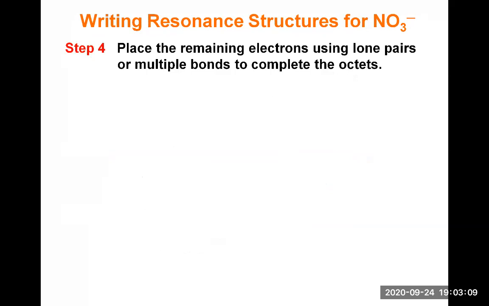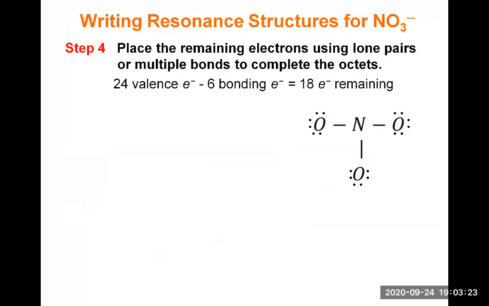So the fourth step is to place those remaining electrons using lone pairs or multiple bonds to complete the octets. And so we calculated that we started with 24 electrons, minus 6 electrons for the 3 single bonds. That's 18 electrons remaining. So we will use those 18 electrons to make lone pairs on the oxygens, because you need to do lone pairs on the outside atoms first. And so each oxygen has 2 electrons from the single bond. And so we can give them each 3 lone pairs.